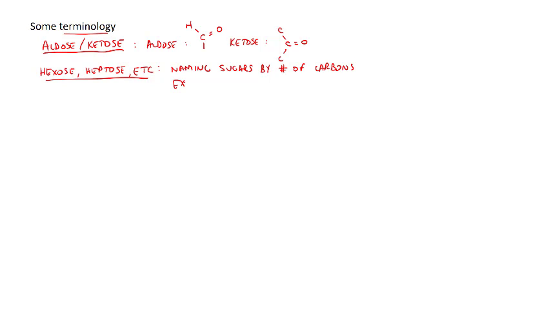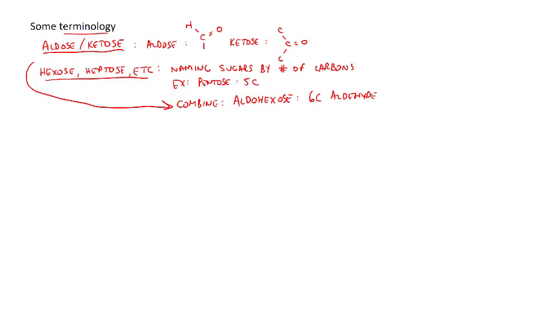So for example, pentose, we said, has 5 carbons. And it turns out that you can combine these two to come up with new words. So for example, an aldohexose is a 6-carbon aldehyde.